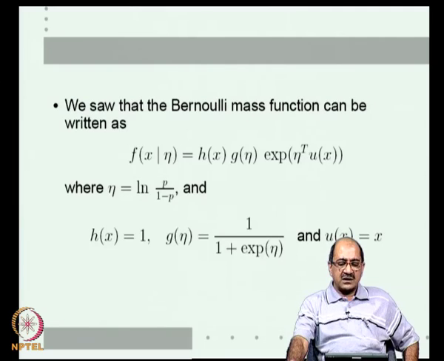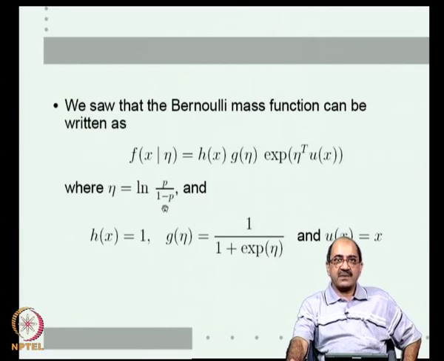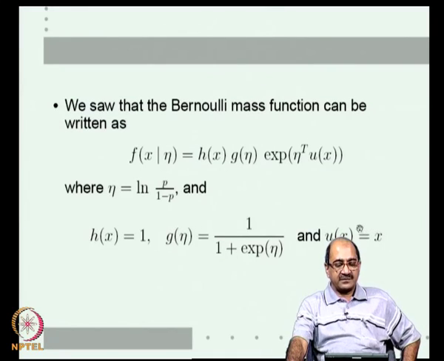Last class we saw that the Bernoulli density can be written in this form, where eta happens to be ln of p by 1 minus p. Normally, we think of p, the probability of success, as the parameter in Bernoulli density. Instead of that, if you take the parameter eta to be ln of p by 1 minus p, then the mass function of Bernoulli can be expressed in the right form, with h of x being 1, g of eta being 1 by 1 plus exponential eta, and u of x as x.